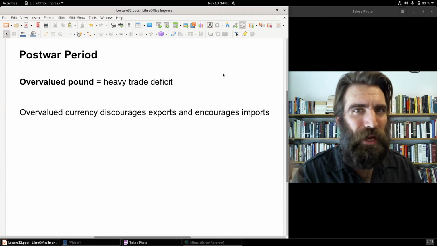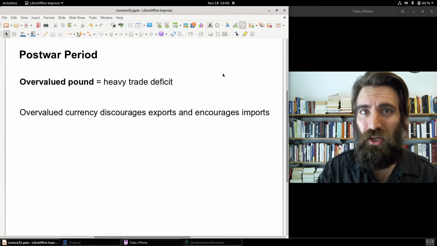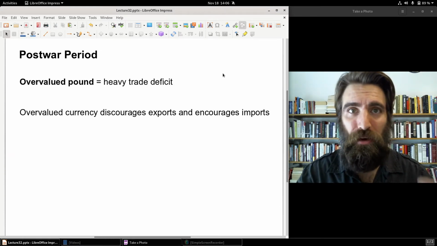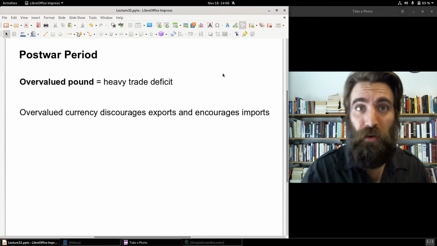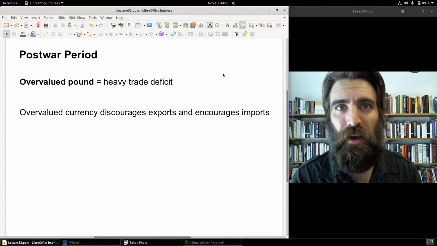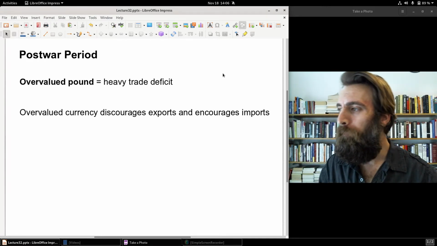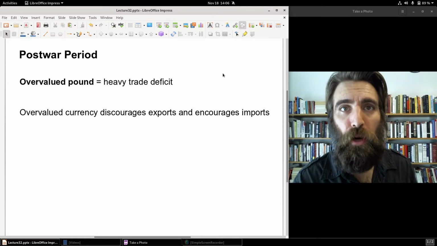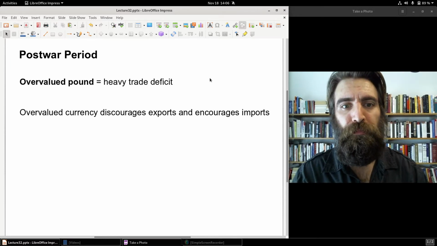are you going to take that undervalued money, gold or dollars, bring it to Britain to convert into pounds in order to buy British goods? No, you're not, right? Because your dollar and your gold will do better elsewhere. It's undervalued in Britain. And so you take your dollars, you take your gold to other countries instead, like Germany or France or wherever, and you buy their goods.